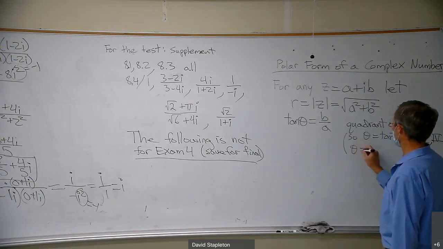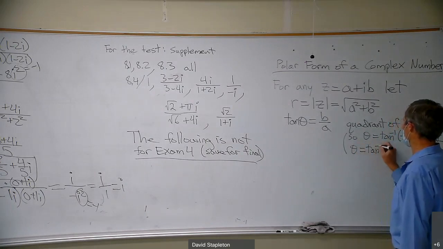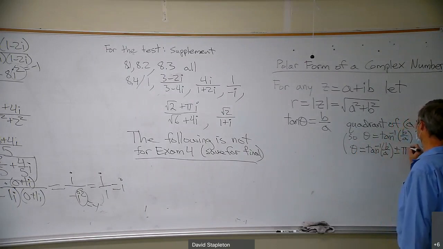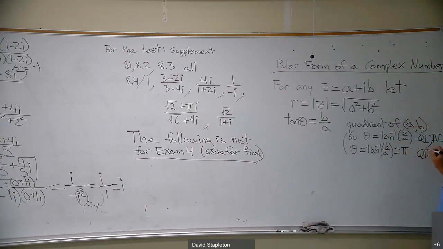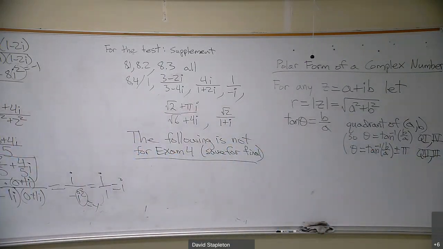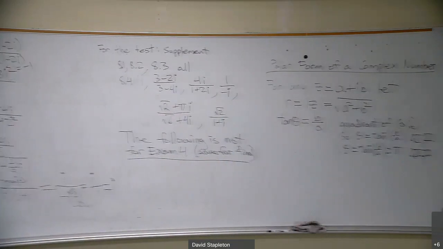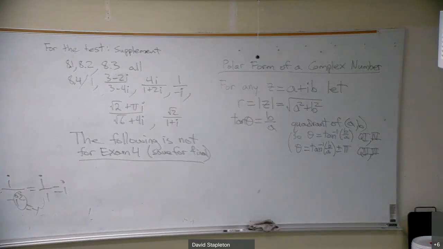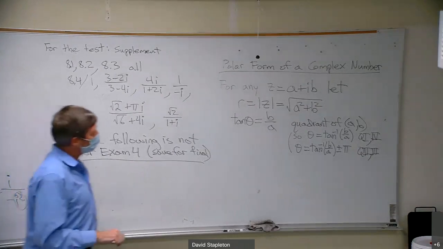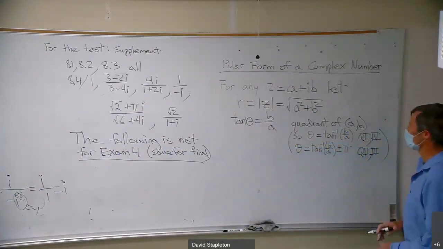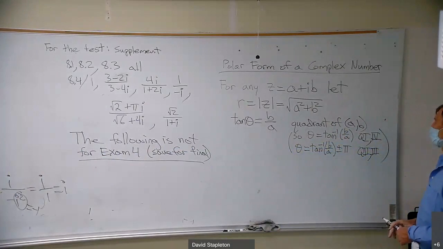But theta is equal to arctangent plus or minus pi, whichever one you want, because it's always the opposite direction in quadrants 2 and 3. Whichever quadrant the point is in, that's what we use for the polar representation.